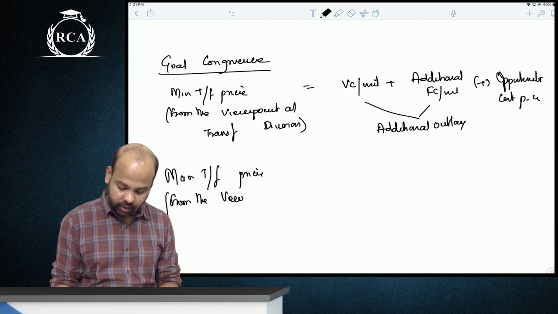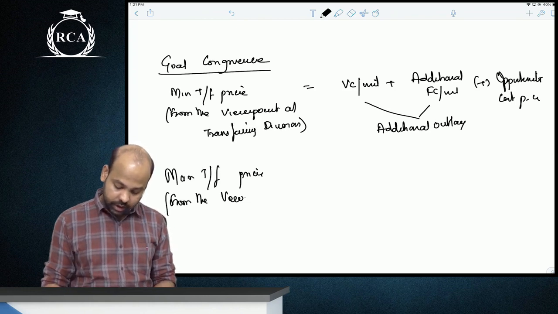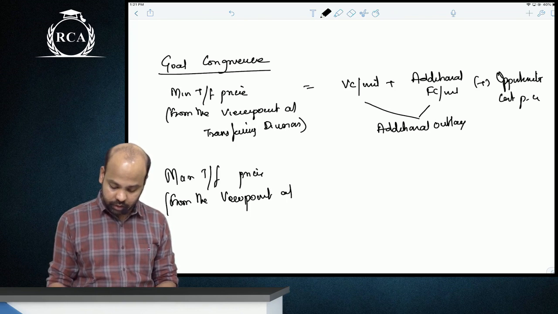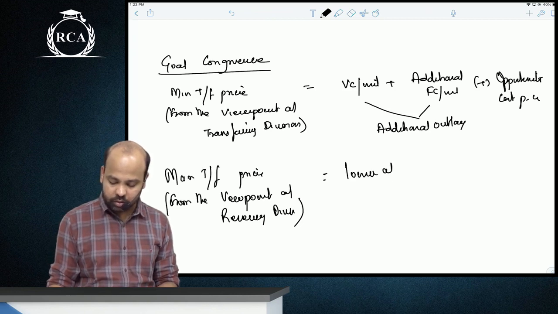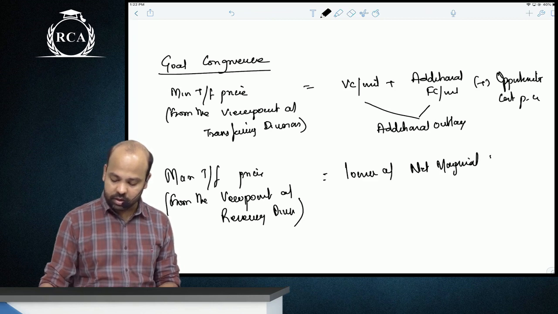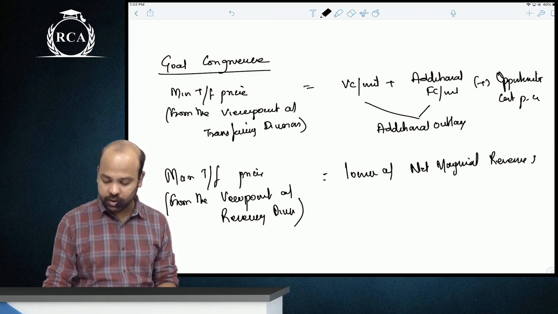This would be the lower of net marginal revenue and external buying price. This is what you will have to remember, guys.